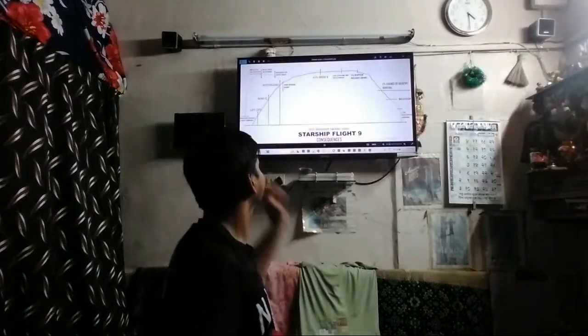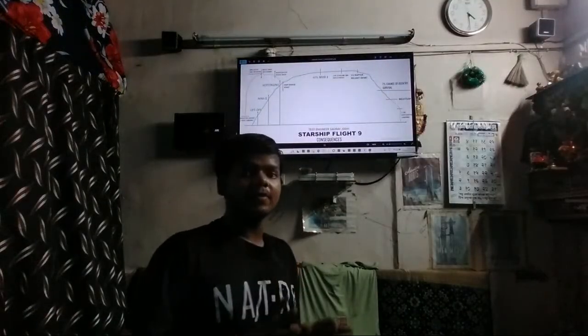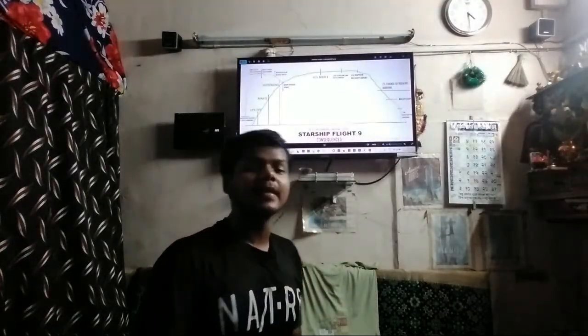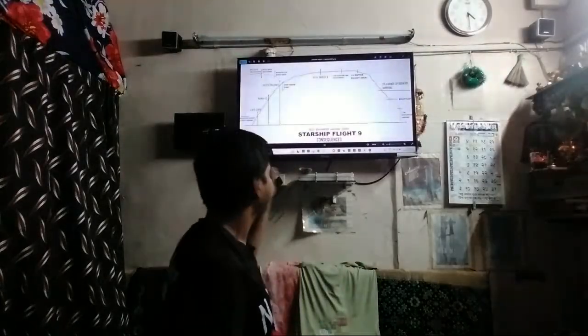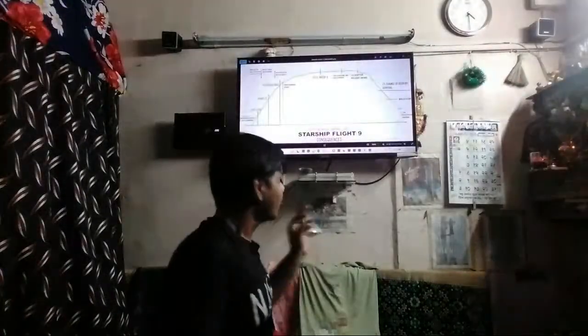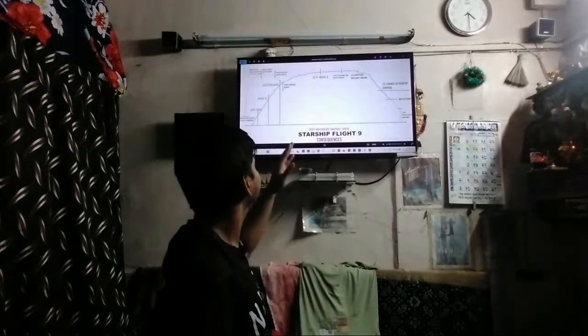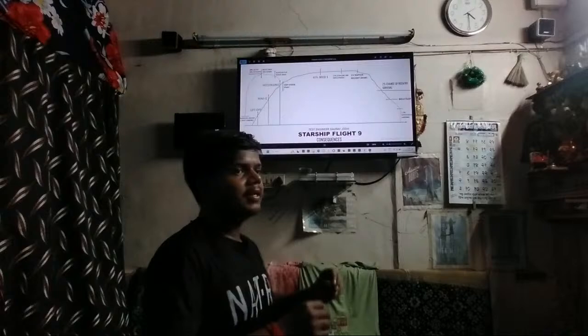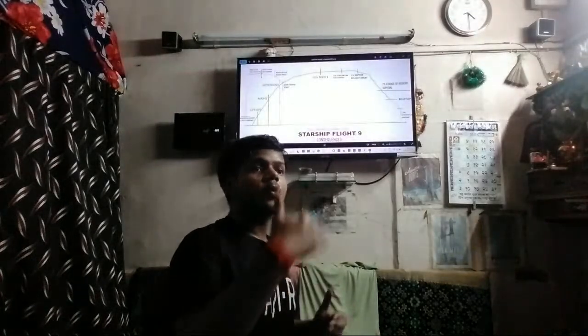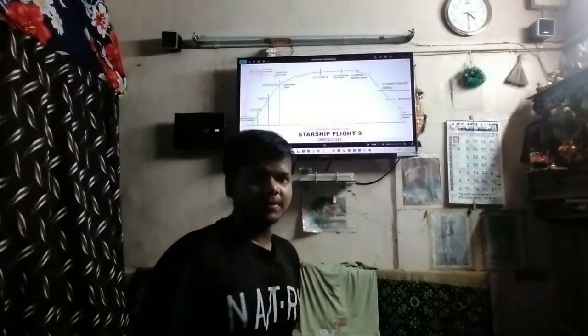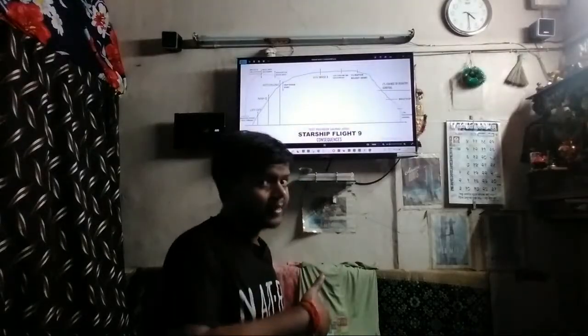This flip maneuver will take place after we have completed our hot staging maneuver and prior to the boostback burn. Once that is done, the boostback burn will be initiated, and then we will see the booster coasting over the Gulf of Mexico, I mean the Gulf of America, guys.